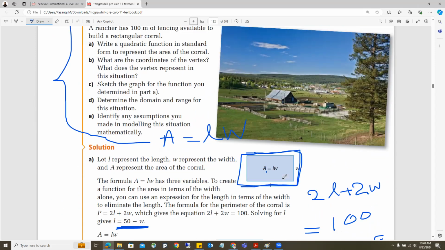That is for B. Try to sketch the graph and do parts C, D, and E as well.